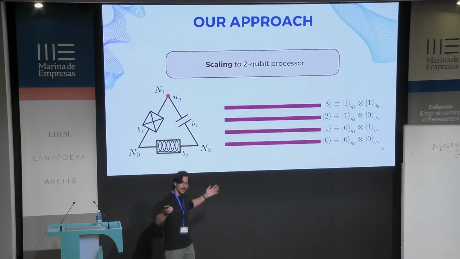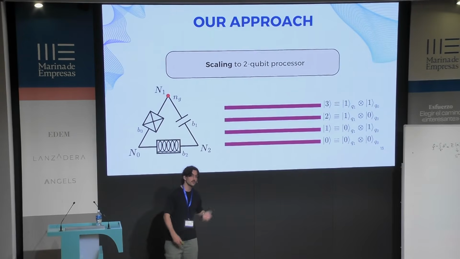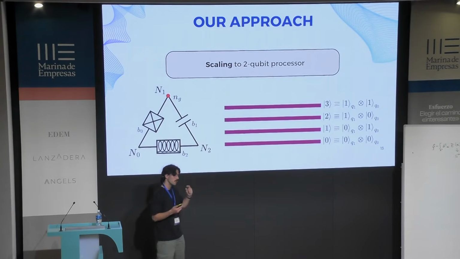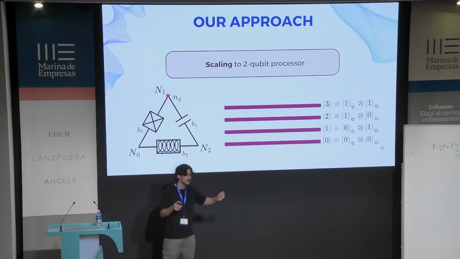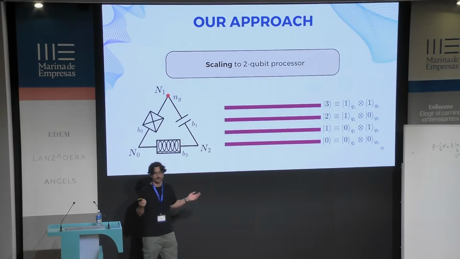Now, our approach, what I am doing, is a little bit different. In this case, we're trying to design a 2-qubit processor instead of 1 qubit that we will connect or couple to each other. We will design a circuit that is already behaving like 2 qubits. What do I mean by that?